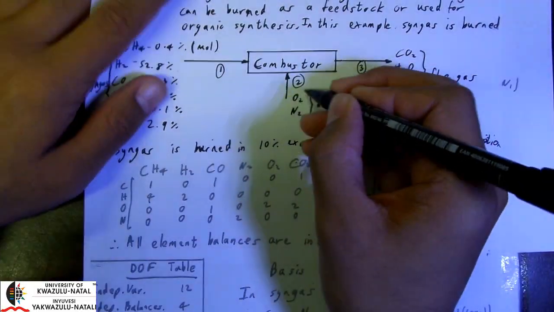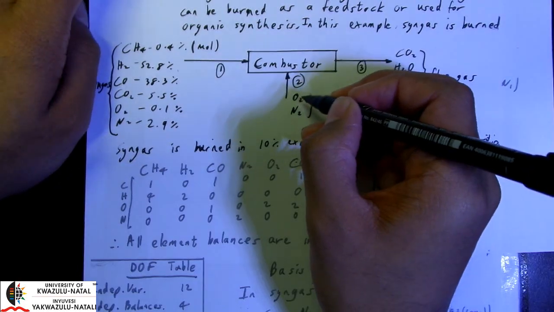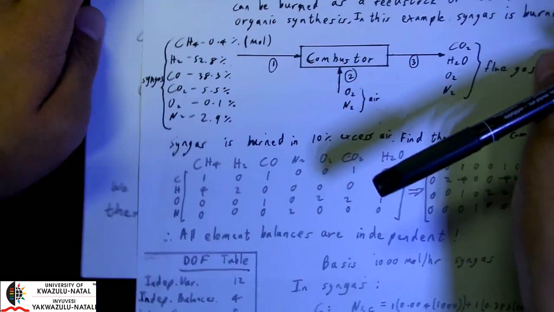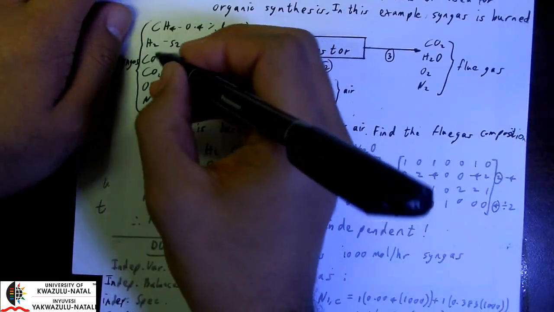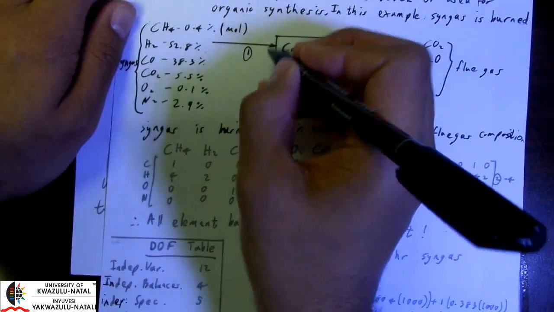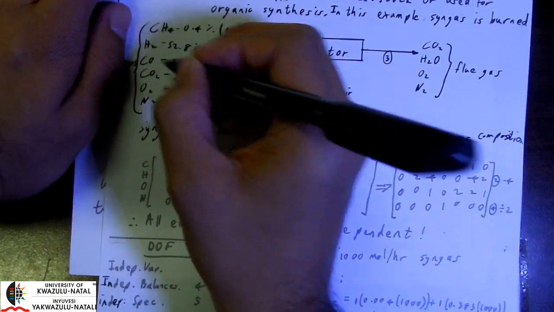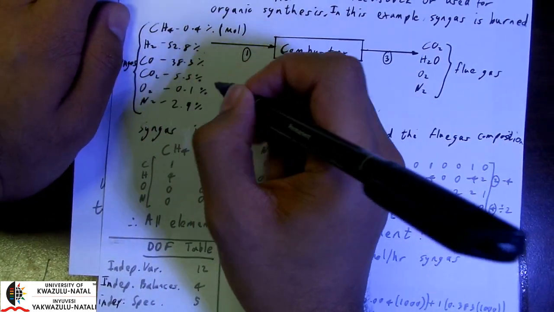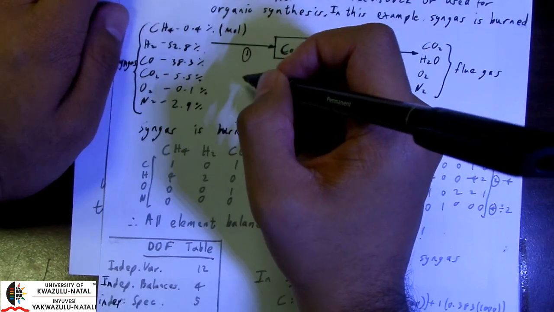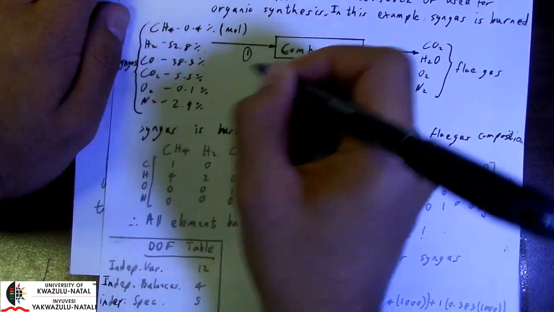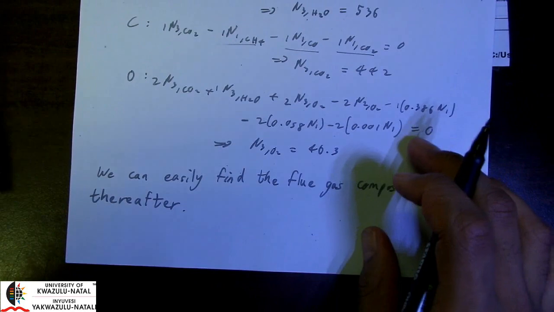Subtracting my inputs, that is 2 of N2 of oxygen gas, and of course subtracting 1 of N1 of CO, minus 2 times N1 of CO2 minus 2 times N1 of O2.